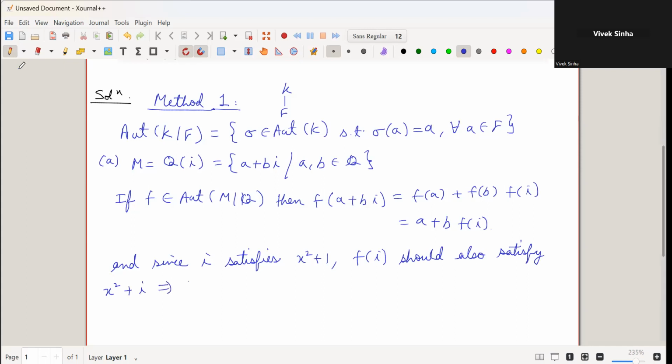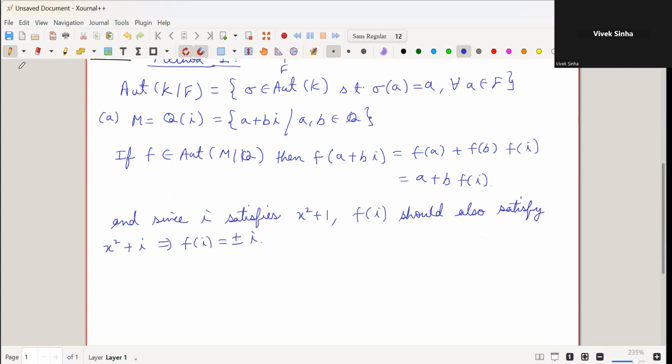This implies f of iota can have only two choices, that is plus or minus iota, right?